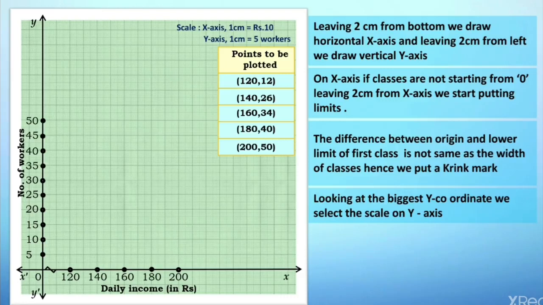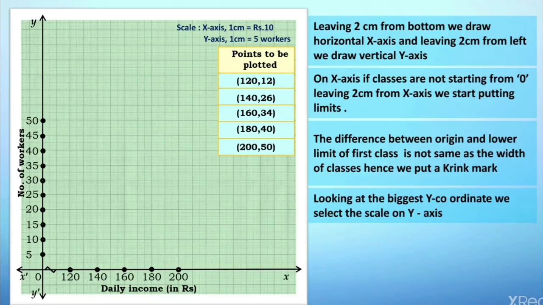That's it. And we can see the scale of the x-axis is 1 centimeter equal to 10 rupees. Therefore, we can see the difference between two markings is 20 rupees, that is 2 centimeters.